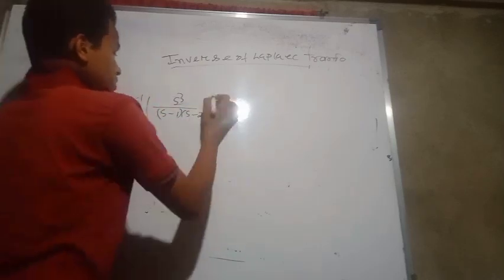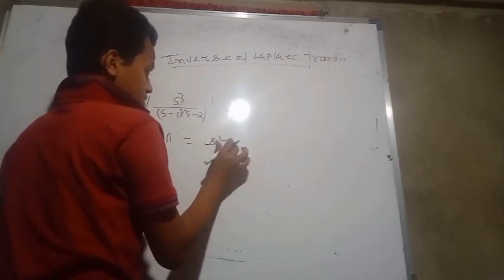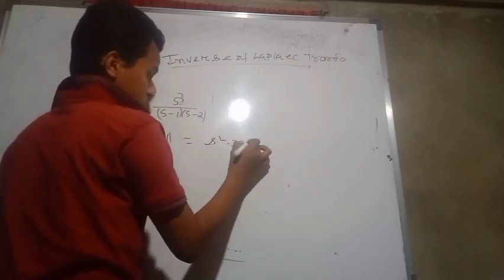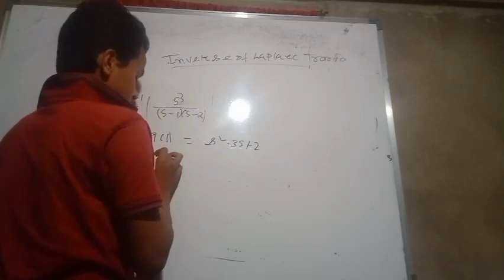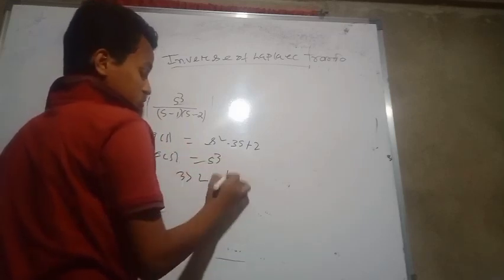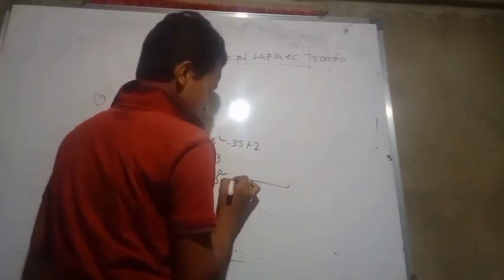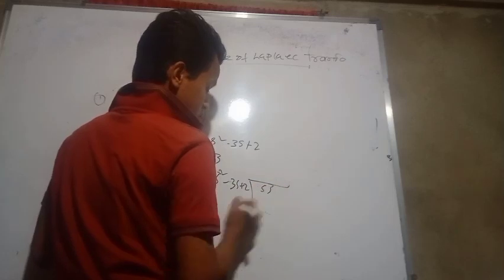So we have a function. When we find the value of g of s, that gives us s square minus 3s plus 2. Here f of s is s cube. So 3 is obviously greater than 2, so we'll divide it: s square minus 3s plus 2 into s cube.